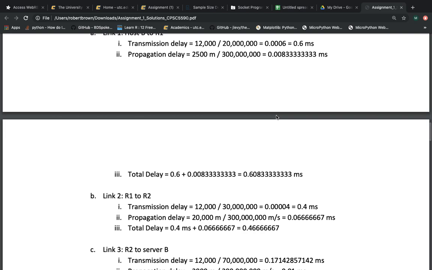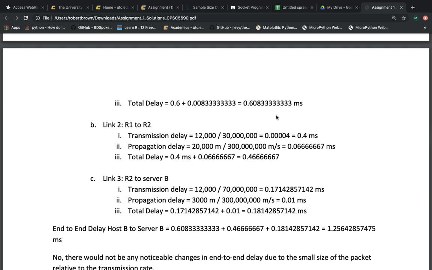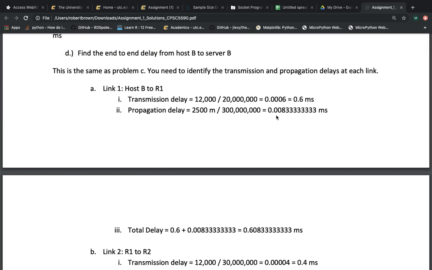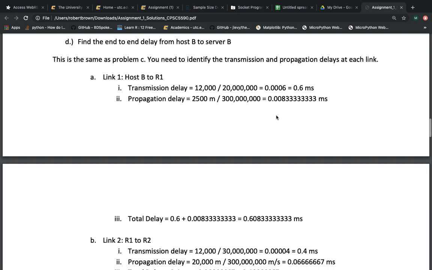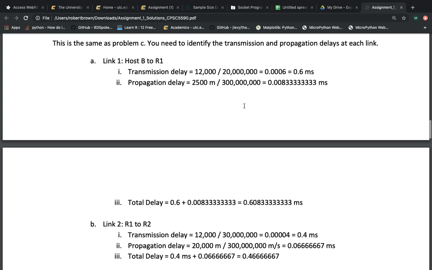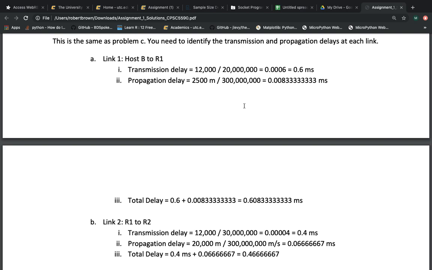The end-to-end delay is the sum of these delays. So just like the previous problem, for the first link, host B to R1, the transmission delay is 12,000 bits divided by the rate, 20 million bits per second. It's going to give us 0.6 milliseconds.